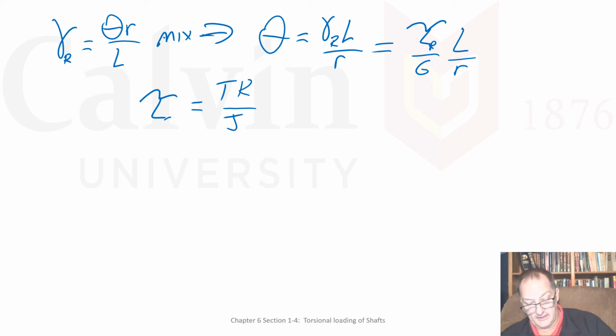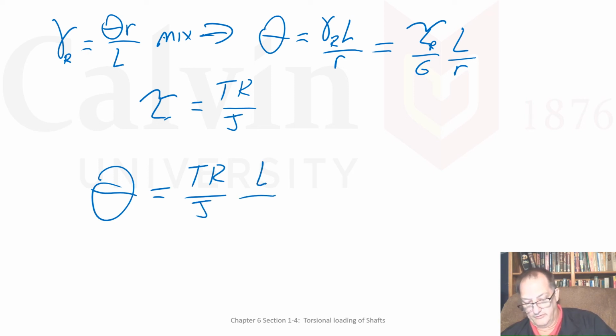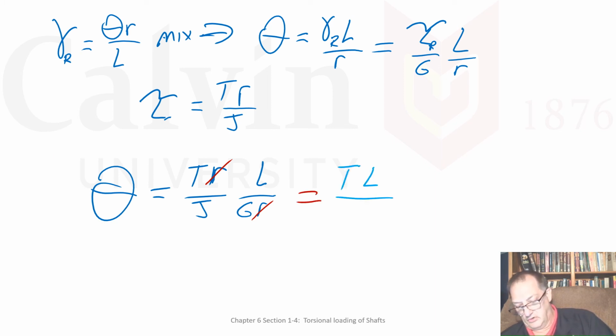And so then I'm going to get that theta is equal to T R over J, and then L over G, and I've got lowercase r and uppercase r, and I really should have been consistent. It's a lowercase r and G and an R. And so then my R's cancel, so that didn't matter. And then I'm left with TL over JG.